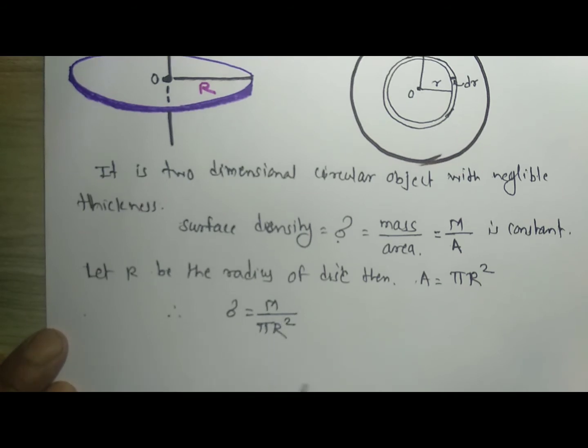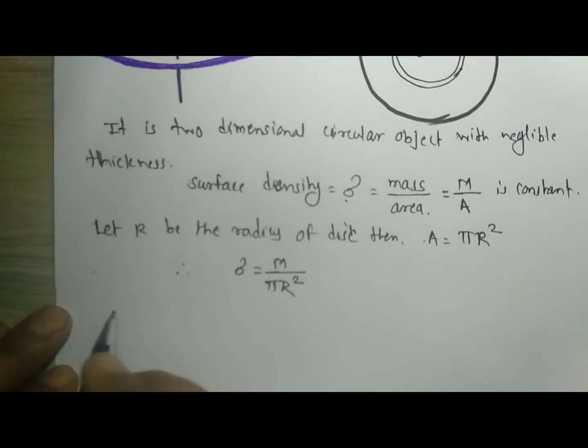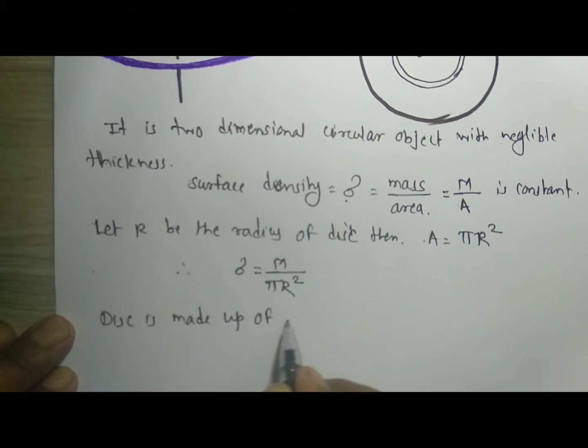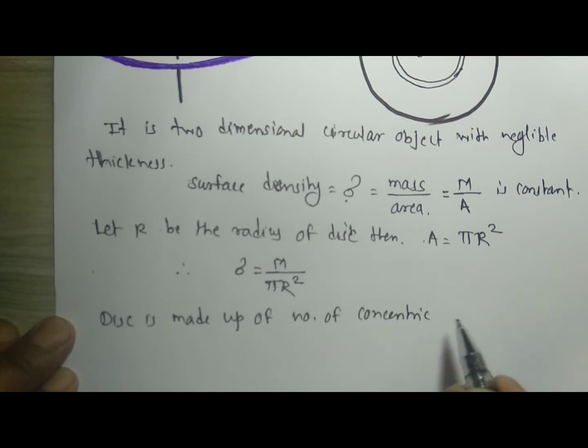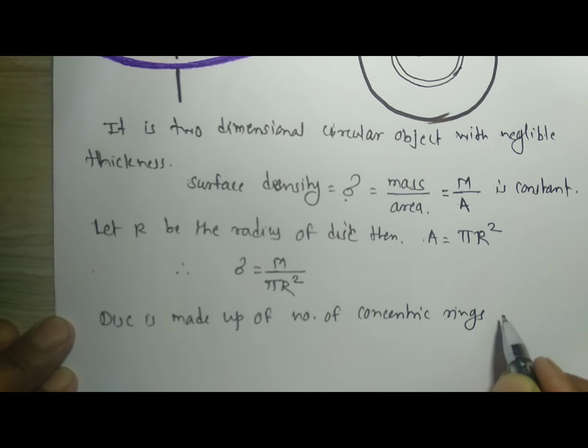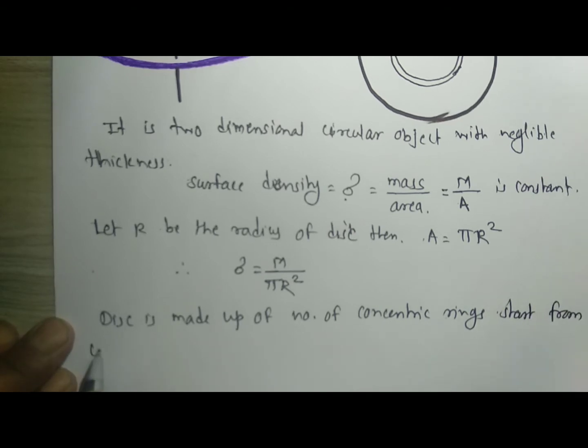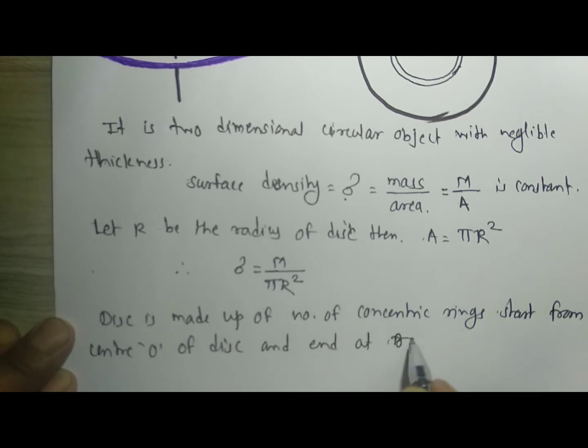Disk consists of a number of concentric rings. That means the disk is made up of a number of concentric rings that start from the center O of the disk and end at radius R of the disk.